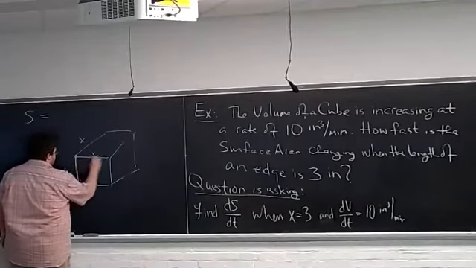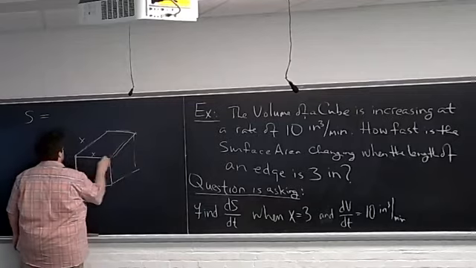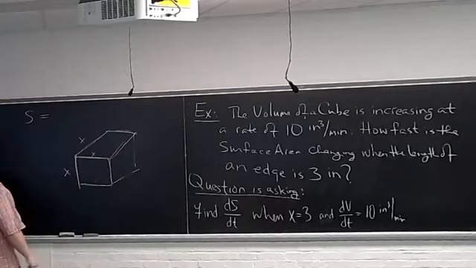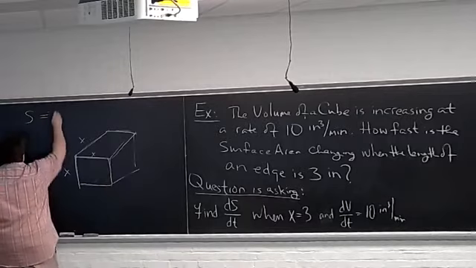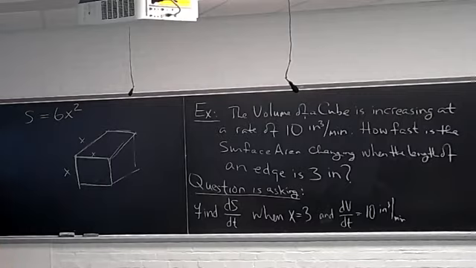This first face has area x squared. This face up here has area x squared. And all 6 faces will have area x squared. So the surface area is 6x squared. Any questions about that? Let me erase this cube.